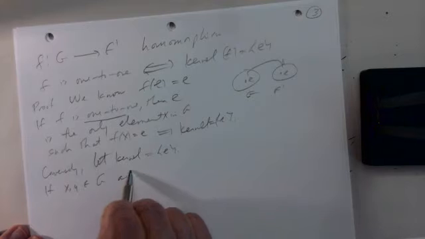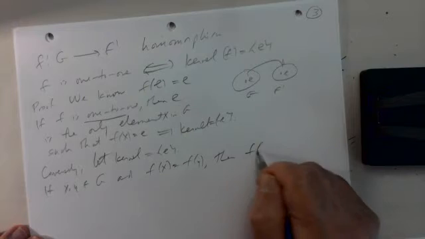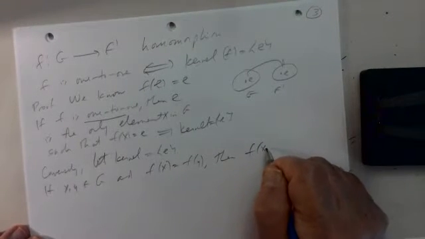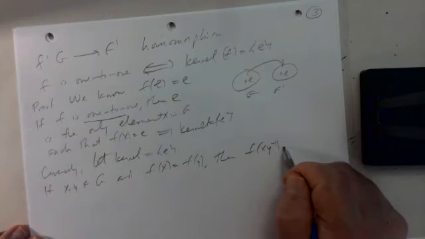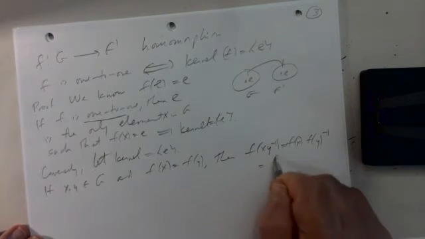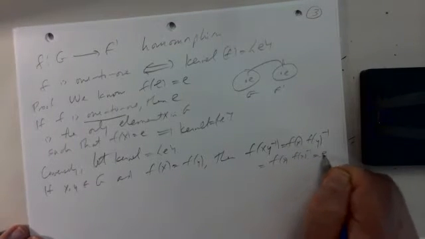If X and Y are in the group and F of X equals F of Y, then F of X Y inverse is F of X times F of Y inverse, which is F of X times F of X inverse, which is the identity.